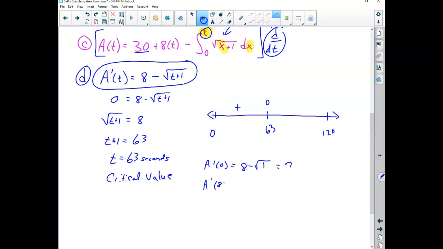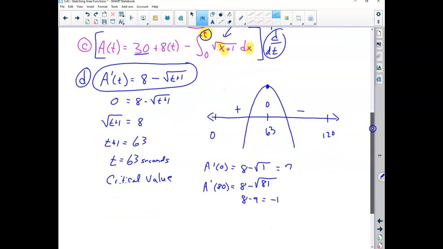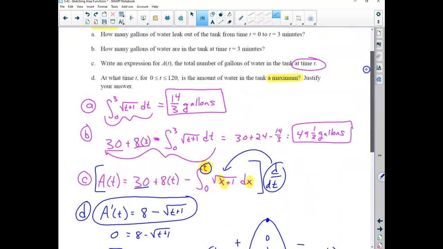So why don't we find A prime of 80, because that's going to give me 8 minus the square root of 81, isn't it? That's going to give me 8 minus 9, or a negative 1, meaning I'm decreasing there, which means I'm showing I'm increasing, then I'm decreasing. What did I find there? I just found a maximum value. Therefore, okay, that's what they wanted, right?